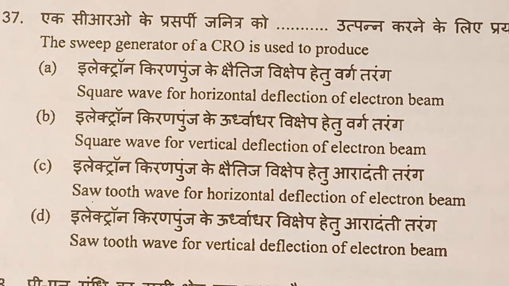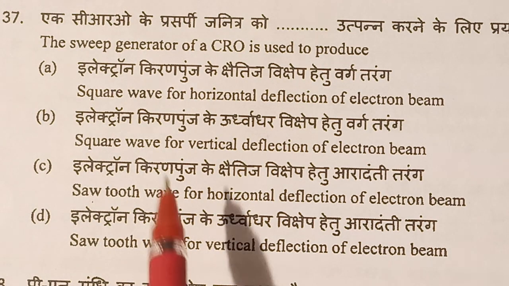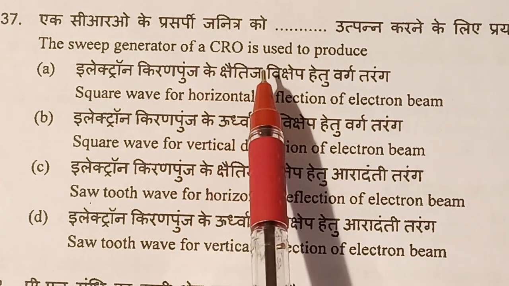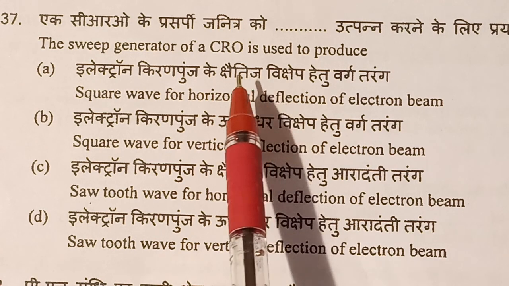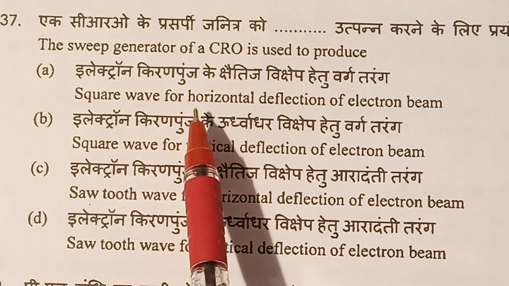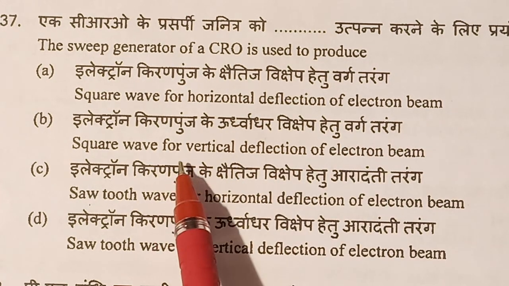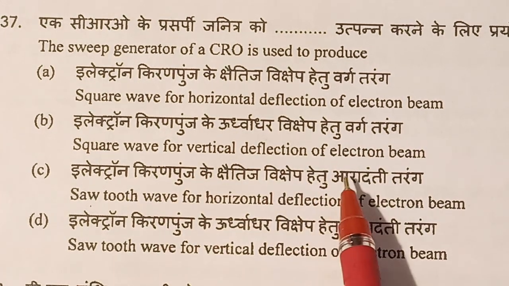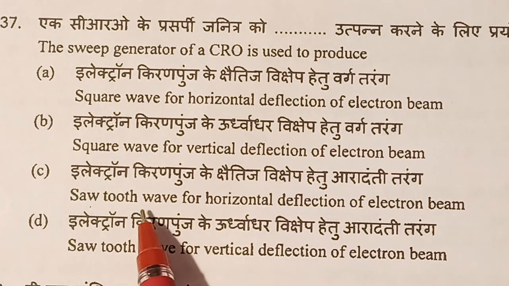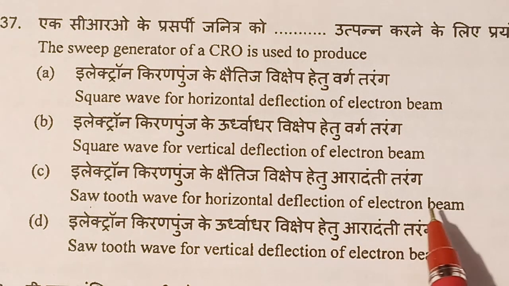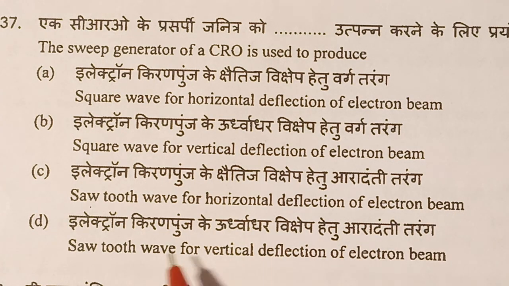Question number 37. The sweep generator of a CRO is used to produce. Option A, square wave for horizontal deflection of electron beam. Option B, square wave for vertical deflection of electron beam. Option C, sawtooth wave for horizontal deflection of electron beam. Option D, sawtooth wave for vertical deflection of electron beam.